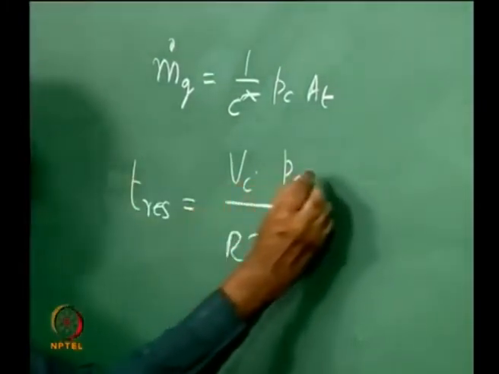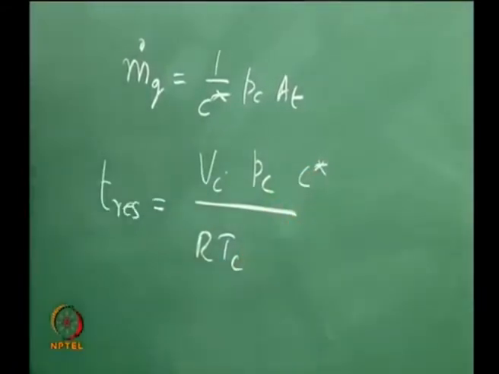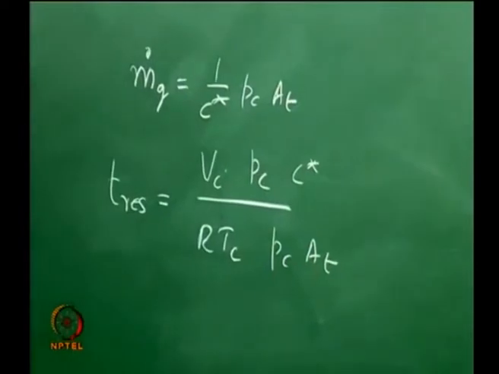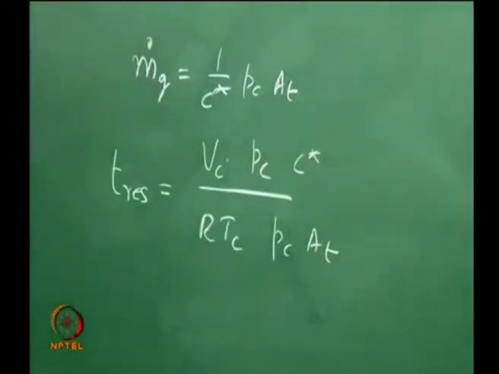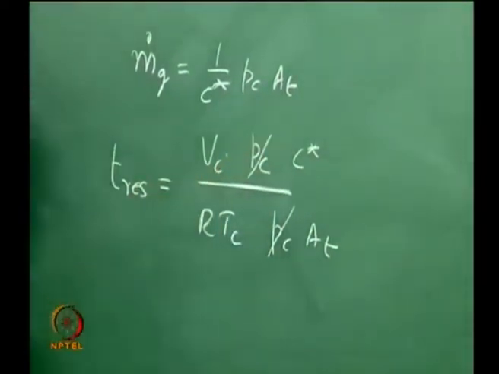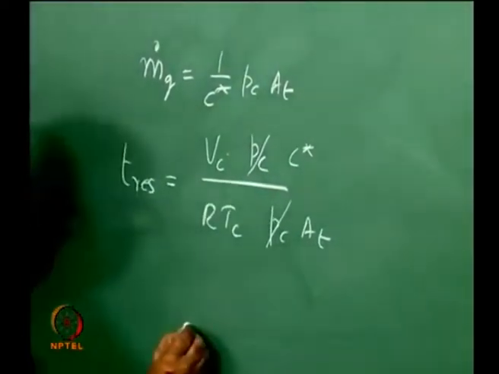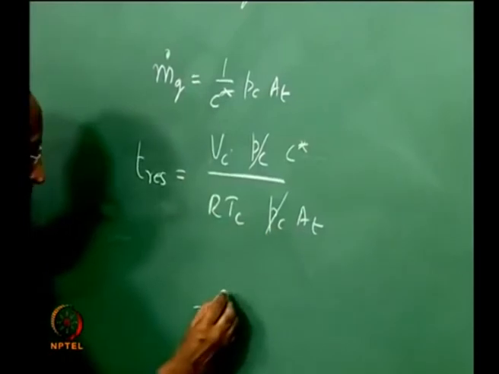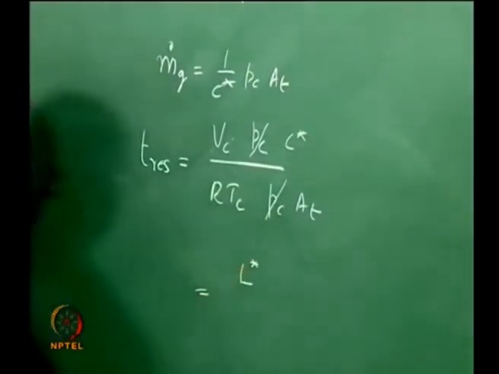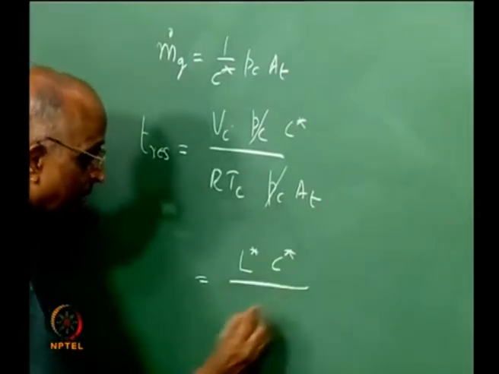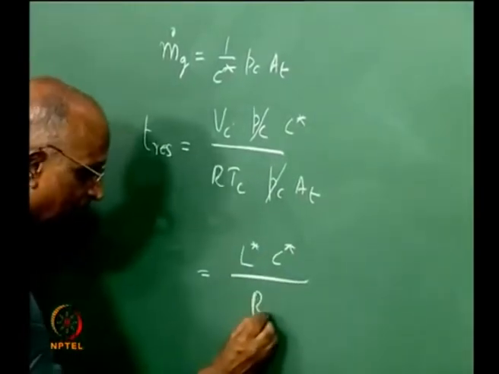divided by m dot g, C star comes upstairs, so over here Pc At over here, and therefore now I can cancel the Pc out, it is not a function of chamber pressure anymore, and therefore I get Vc by At, which we have defined as L star, anyway we know it is residence time, into C star divided by R Tc.